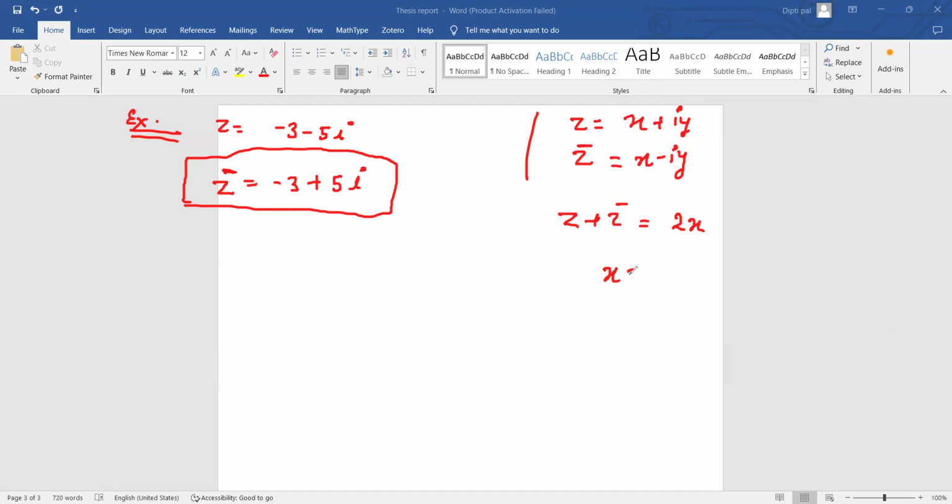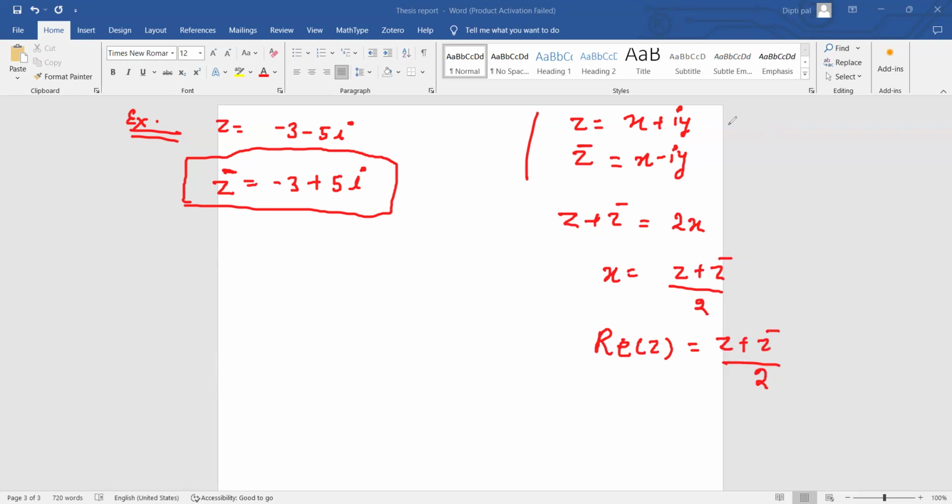Means the real part, in terms of the complex number and its conjugate, is written as z plus z bar by 2. And we can represent x as the real part of z, and this is equal to z plus z bar by 2.